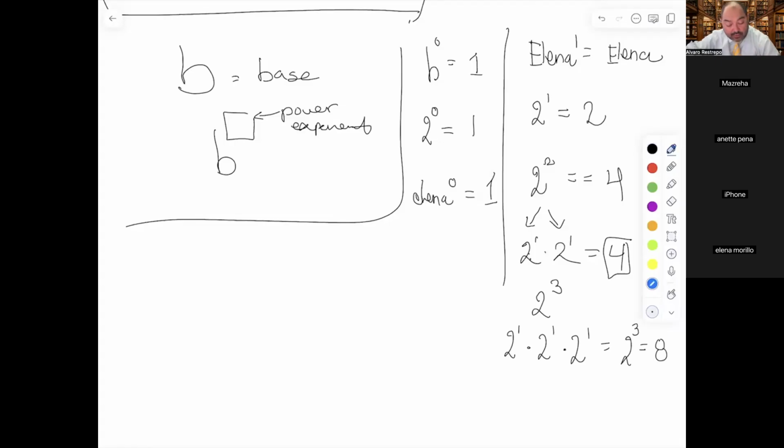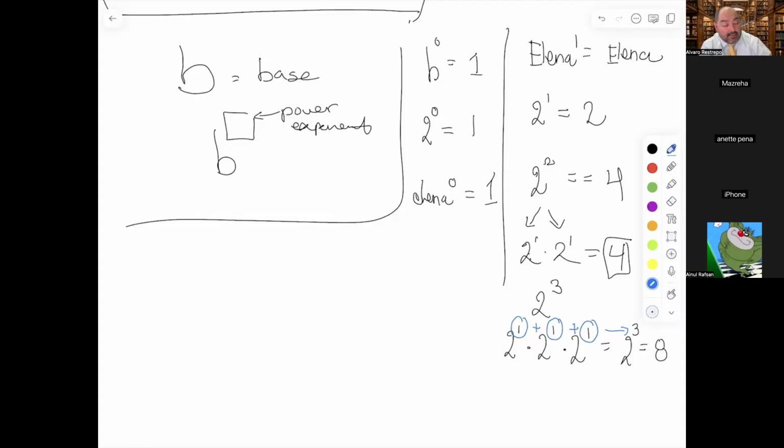Look at what I'm doing with the powers. 1 and 2 and 1 is 3. I am adding them, right? When I am multiplying bases and they have the same base, I am adding the powers. Are we clear on this? Remember this. Okay? So, that's one.